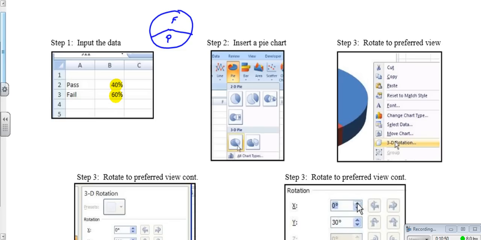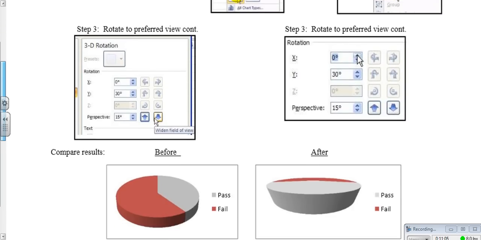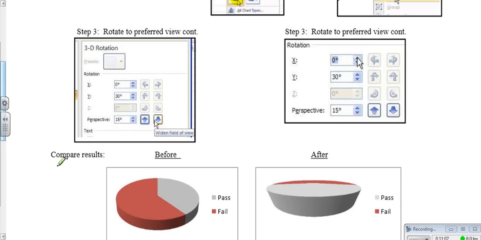So they make it instead three-dimensional. So they pick three-dimensional, which is down here on Excel. Then once it's there, they can pick 3D rotation. So here's the graph right here, three-dimensional, but then I can rotate it so that the passing can rotate to the front, like I did over here.